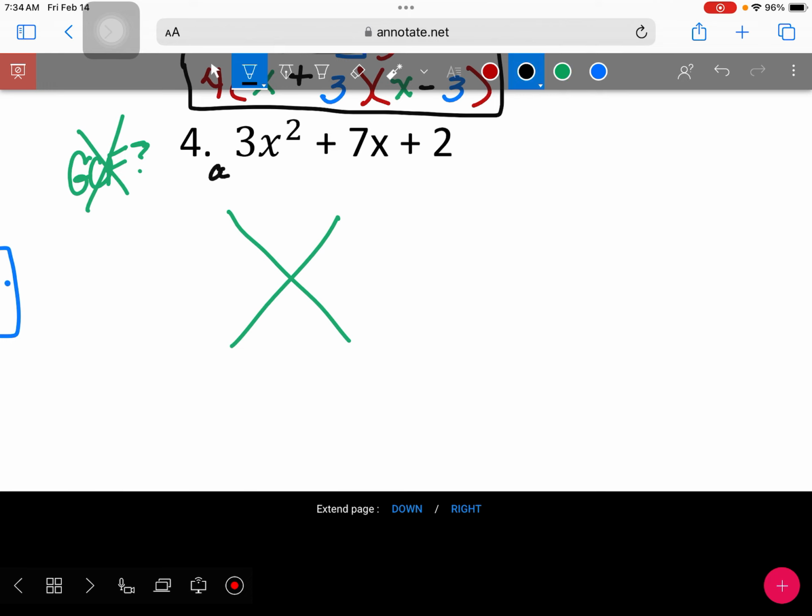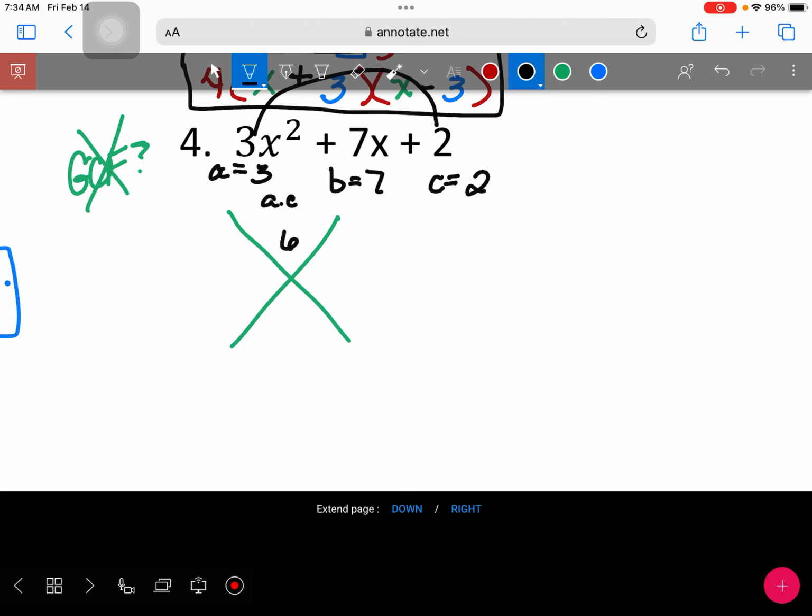What's A equal to, Narek? 3. 3, good. B is equal to, Luis, what's B equal to? 7. Good. And C is equal to what, Camille? 2. Excellent.